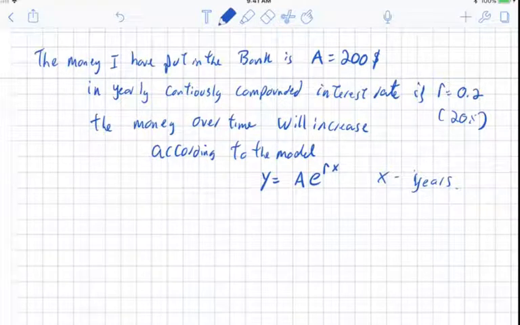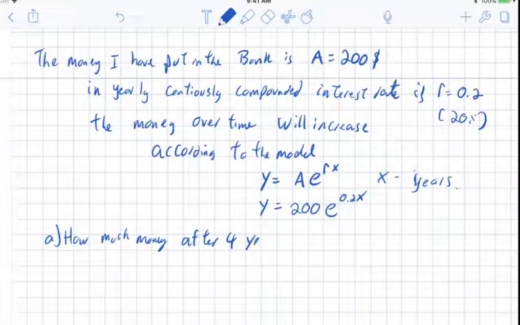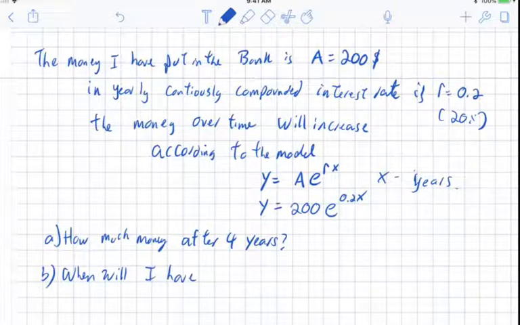So in other words, y is equal to 200 e to the 0.2 times x. And then we can ask questions. Hey, how much money after 4 years? And B, when will I have $1 million?